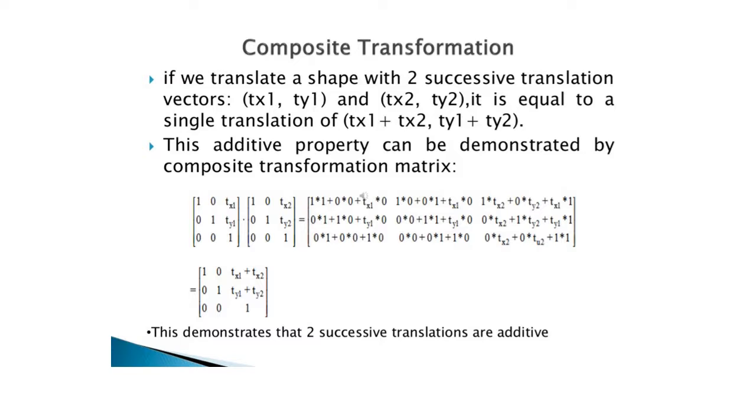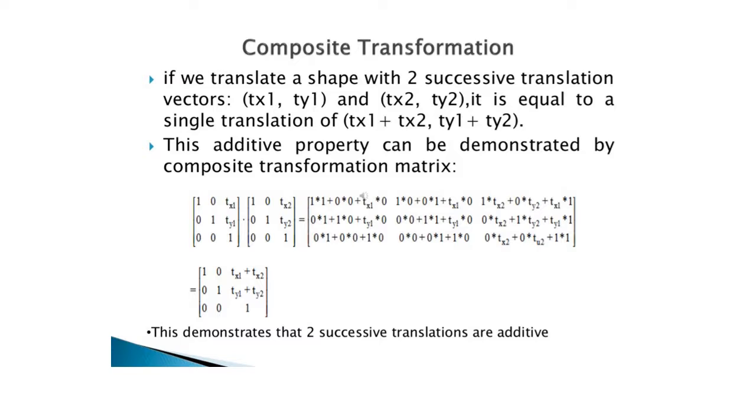Suppose we want to perform a rotation about an arbitrary point, then we can perform it by a sequence of three transformations. The first is the translation, second is rotation, and third is the reverse translation. The ordering of these transformations must not be changed.